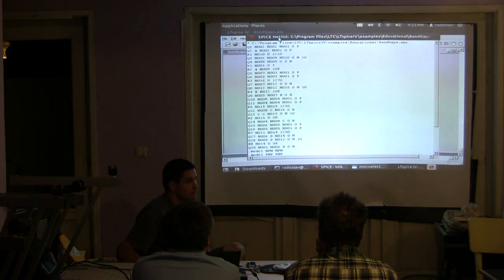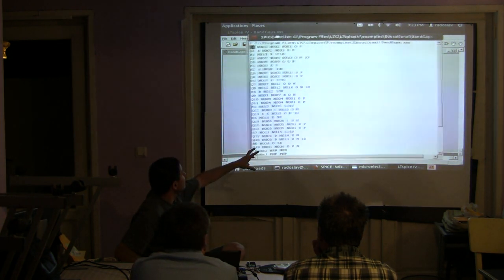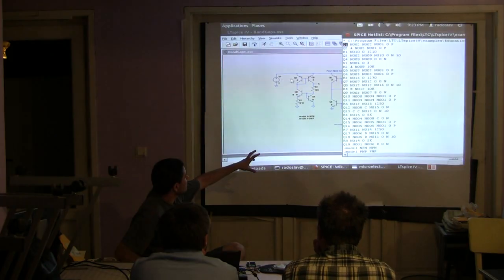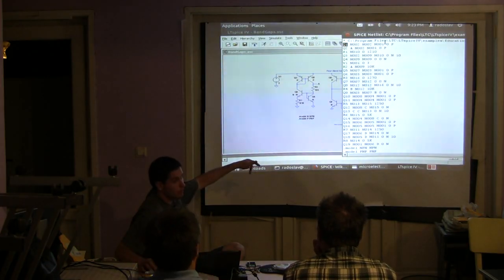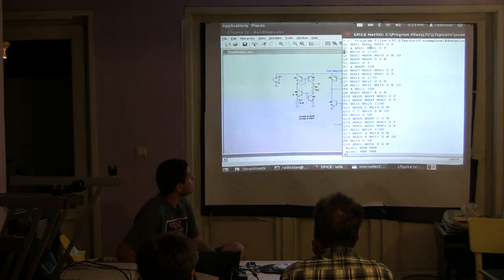It's the same netlist as in KiCad, but we have different nodes and different connections. Actually, there is a definition. If you place here Q1, this means that it's a transistor and it's called Q. With Q are defined the transistors, with R are the resistors.